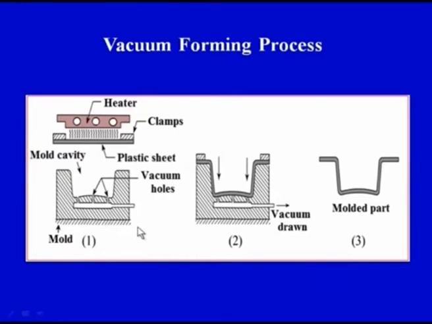So vacuum forming is not at all, we can say, a very complicated process, but there are a few things that need to be taken care of, that is how much heat has to be supplied, what amount of vacuum is required. So these are a few important variables which have to be taken care of, and these variables would also be dependent upon the type and the thickness of the sheet that we want to deform.